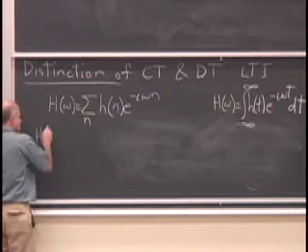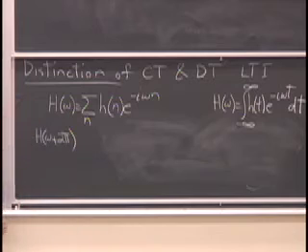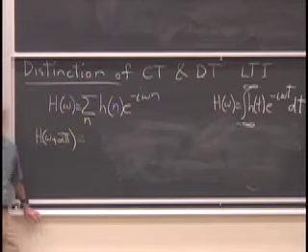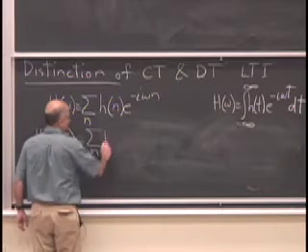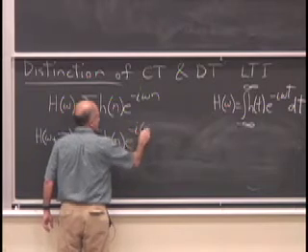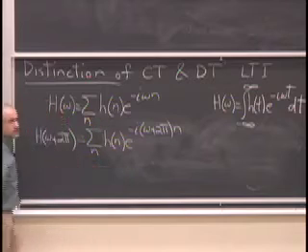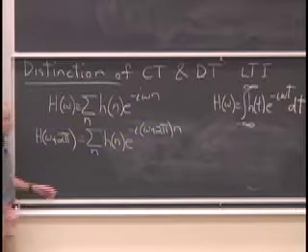In discrete time, when we shifted the frequency response by 2 pi along the frequency axis, what did we get? We got the same thing back. So you had h of n e to the minus i (omega plus 2 pi) n. Wherever you saw omega on the right-hand side, you replace it with omega plus 2 pi.